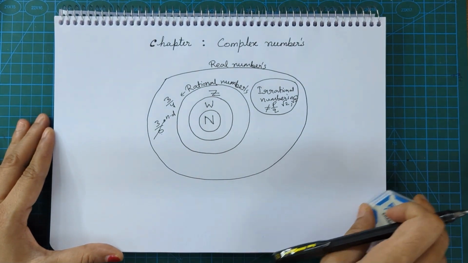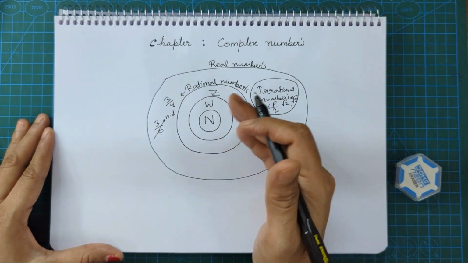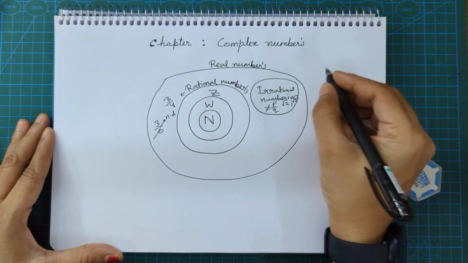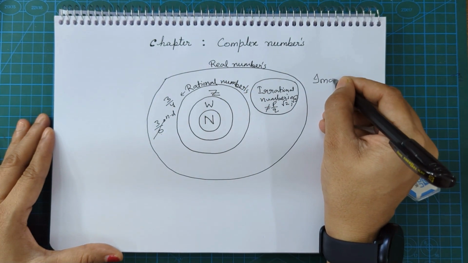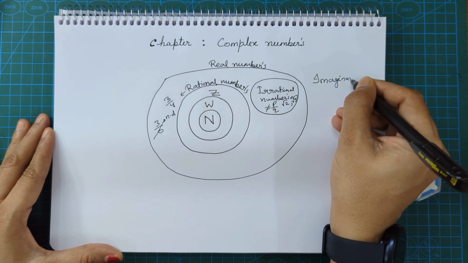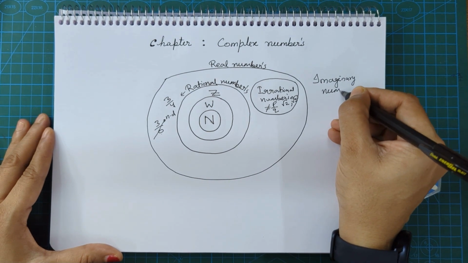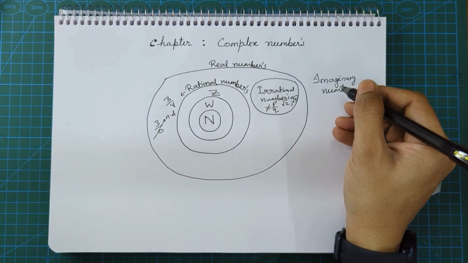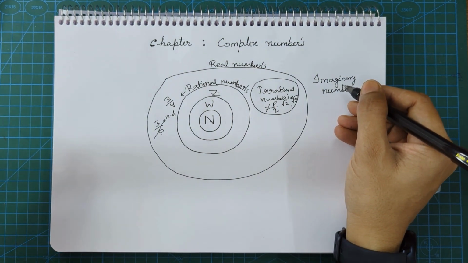Real numbers are those numbers which we really often face or encounter. Other than real numbers, there is a world of imaginary numbers. What are imaginary numbers? Imaginary numbers are those numbers whose values are in our imagination.